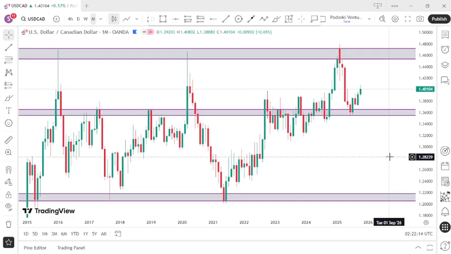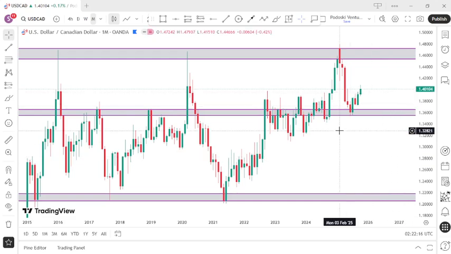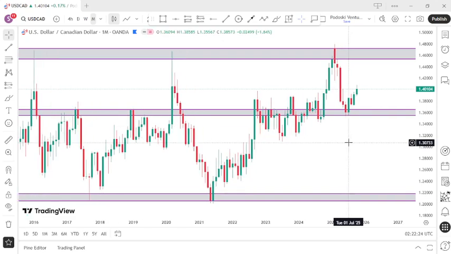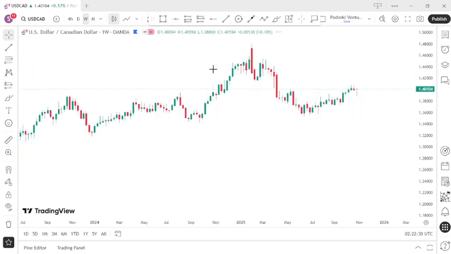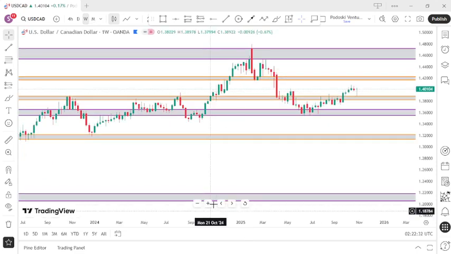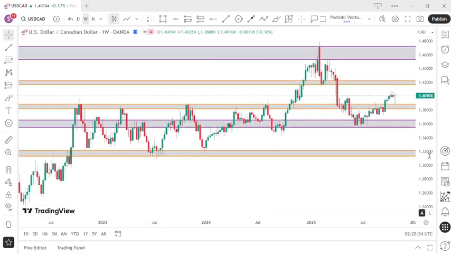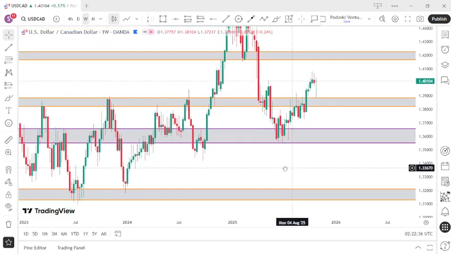Since USD CAD is moving to the upside, as we go through the lower time frames, we will be looking for buying opportunities on USD CAD. So let's move on to the weekly. Here we are on the weekly.